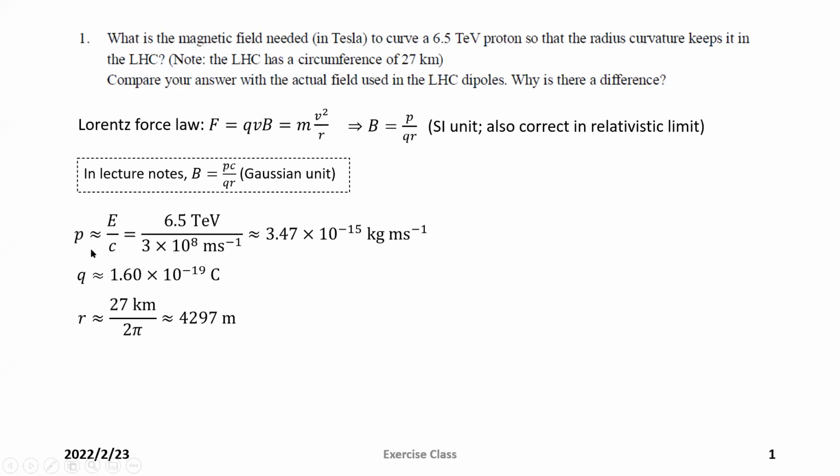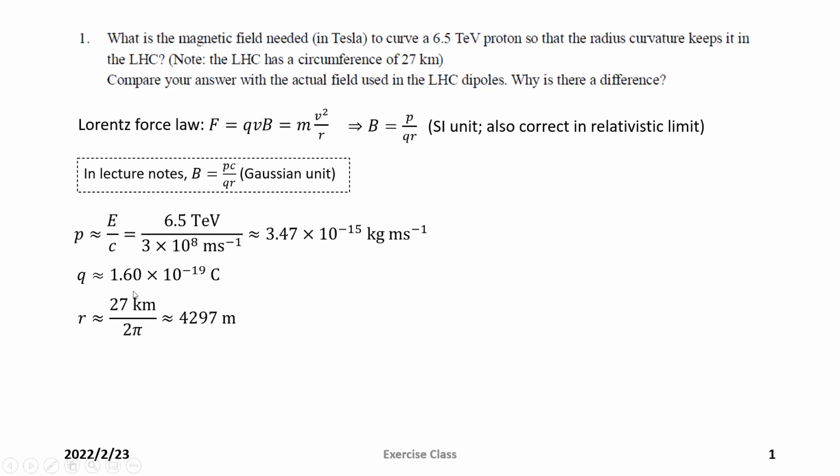So for the momentum, since the energy of the proton is much larger than its rest mass, we can just neglect the effect of the rest mass energy. And so the momentum will be just E over c. And so this is the momentum.